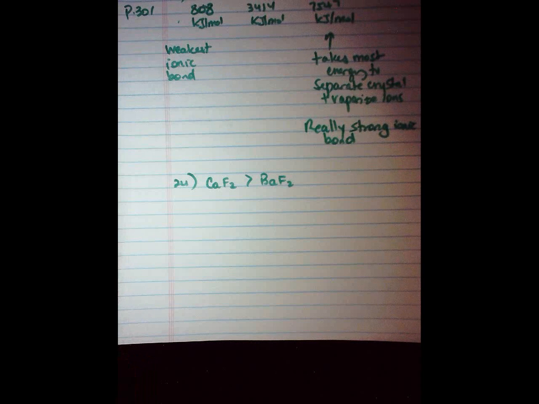All right, so what is the difference between these two compounds, first of all? One has calcium, one has barium, right? Where are these two elements on the periodic table with respect to one another? Are they in the same family? Yeah, they are.